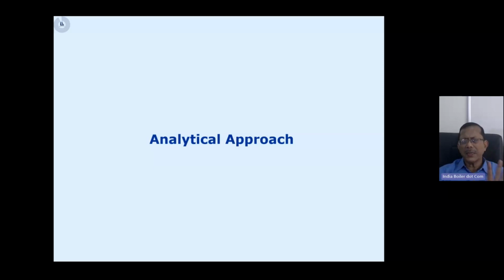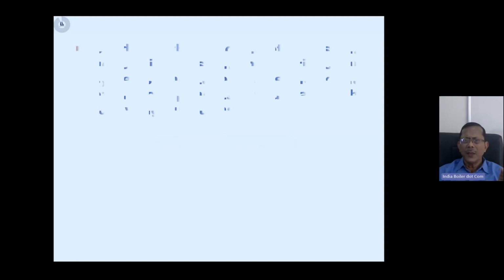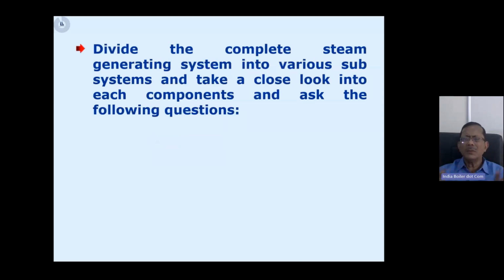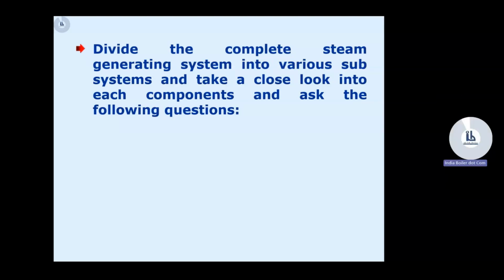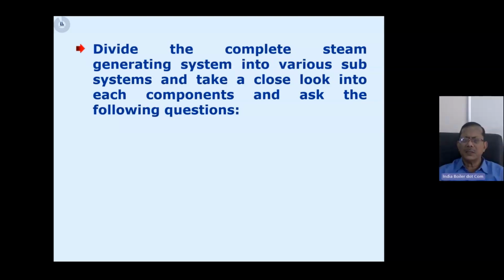To understand analytically the total boiler system, the first thing you do is you break the total system into various subsystems, right? So once you break into various subsystems and it's having its own components, then you take a closer look at that subsystem and then ask a few questions.